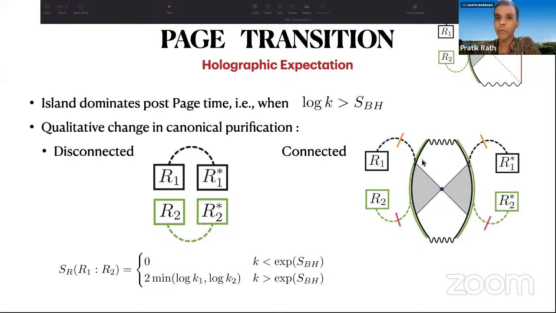Depending on how we tune the parameters, there are 2 possible so-called RT surfaces in this picture. It's either the orange lines or the pink lines here, depending on whether K1 is less or K2 is less. So in the end, the entropy turns out to be twice log of K1 or log of K2, whichever is minimal. And as expected, we see a sudden jump from 0 to a finite value as soon as you hit the phase transition. This is what the holographic expectation is.